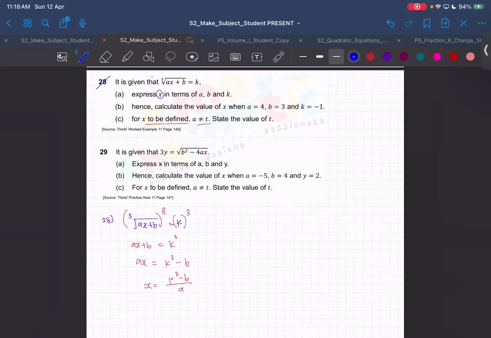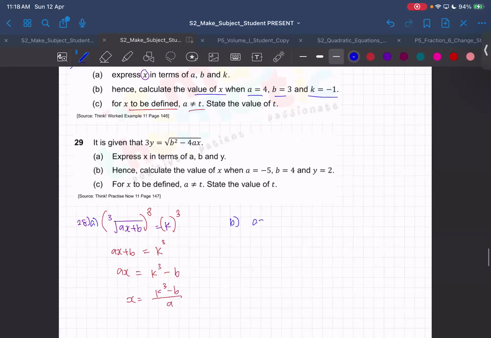Then part B, this is part A. Part B is even easier. They ask you to calculate the value of X, and they give you that A is 4, B is 3, K is -1. So what to do there? Have you all learned substitution, right? If you're given values and they ask you to calculate X, you just substitute the different values that you're given.